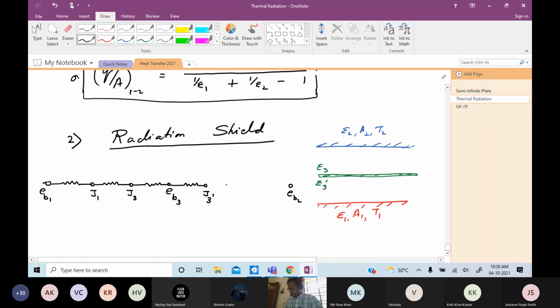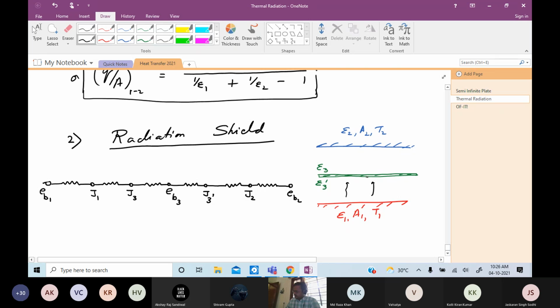J3 prime, J2, and EB2. Because remember, we have to see how the heat is flowing. From here, it comes to surface 3.